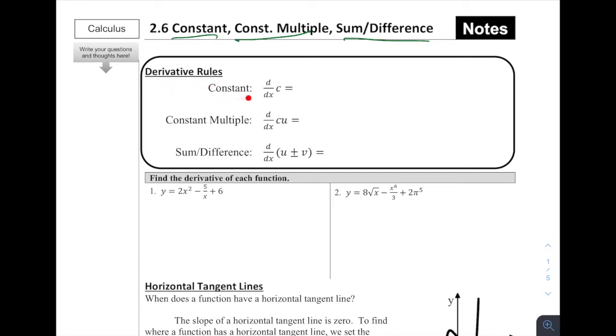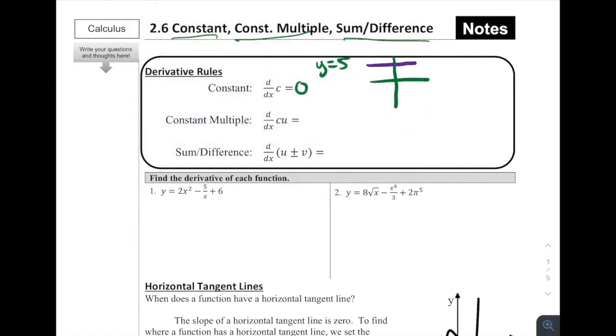We have this rule that's called the constant rule. So the derivative of a constant, right? Remember, a constant is just a number, not a variable. So the derivative of any constant is 0. Why? Well, let's think about a function, like y equals 5.